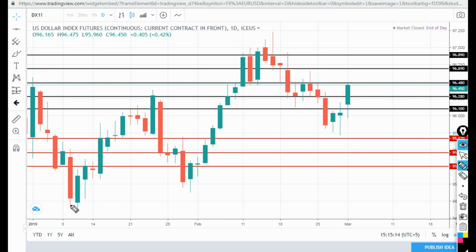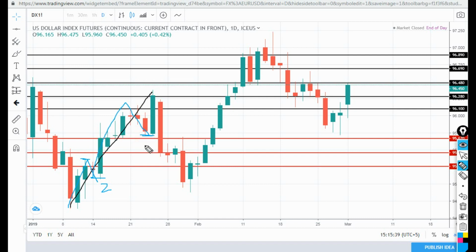Let's see this part. This is the very first impulsive part, like this. Now I am changing the color and I will show you that there is a first impulse, and this is your second correction part from here to here, and then it goes up again for this part.